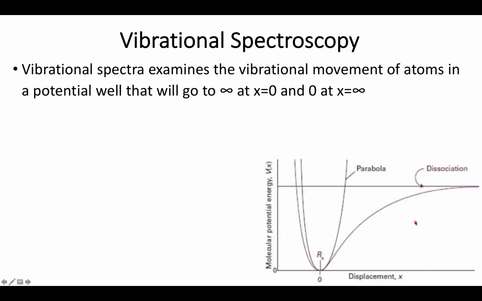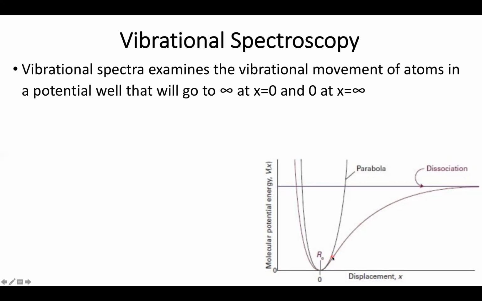So what we're really looking at with vibrational spectra is the movement in a potential well. Essentially this well is going to extend from zero, where the two atoms are sitting right on top of each other, out to infinity, where they've been completely dissociated. And it turns out that the real description of the potential has a sharp wall at low distances, because I can only compress two molecules so well, but it has a big long tail at larger distances.